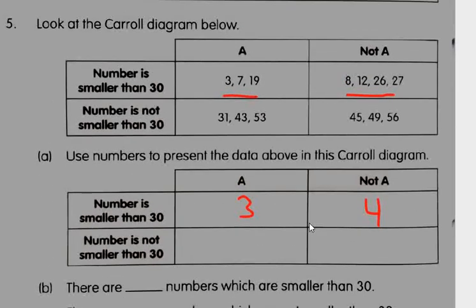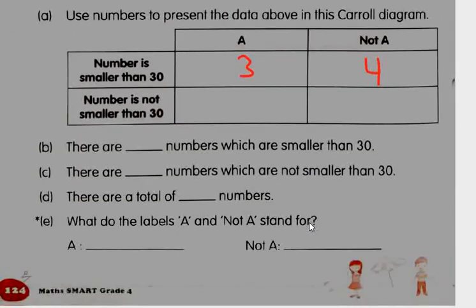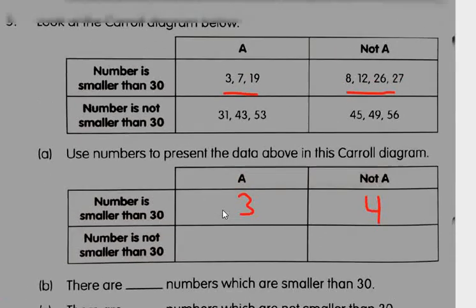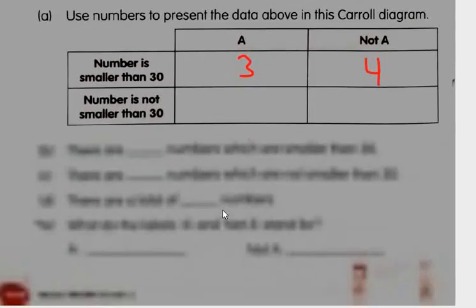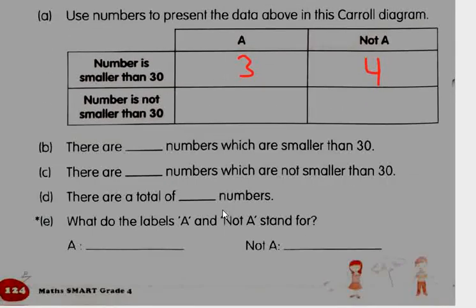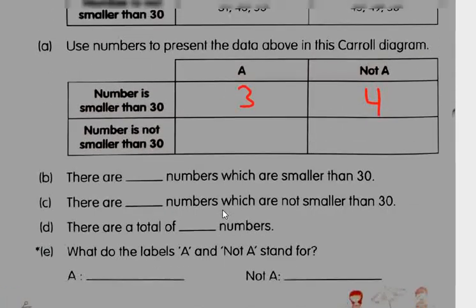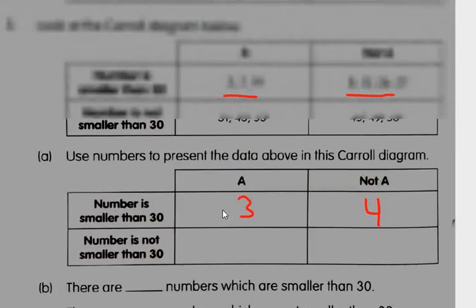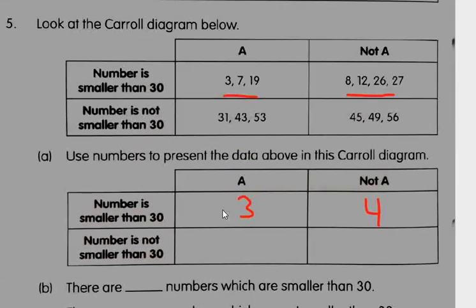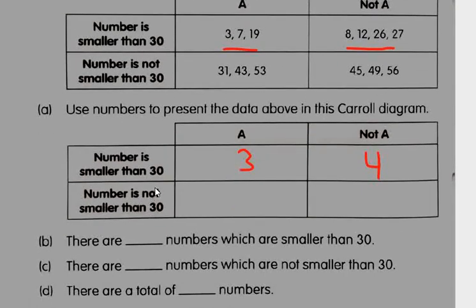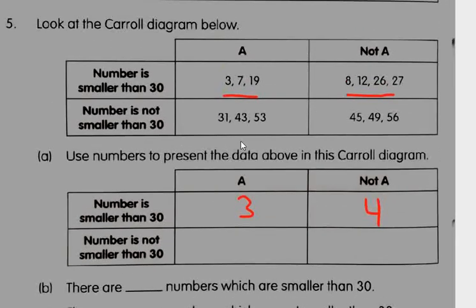The labels A and not A stand for... A, number is A or not A. Alright, so we have to decide.